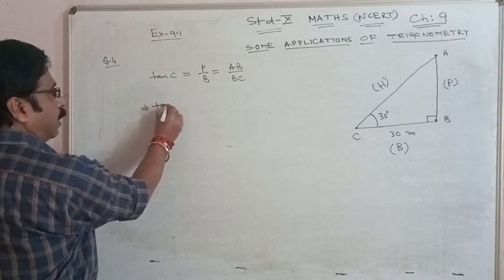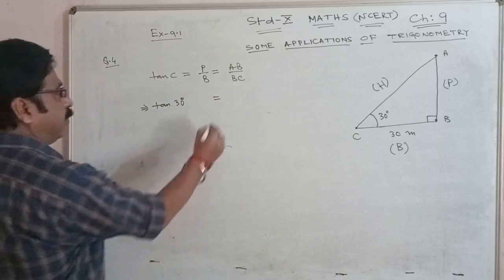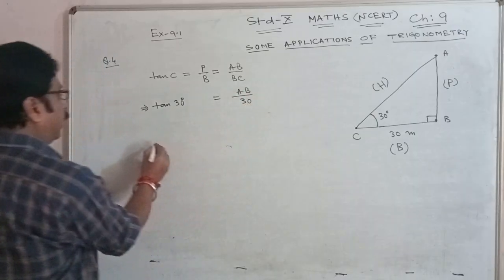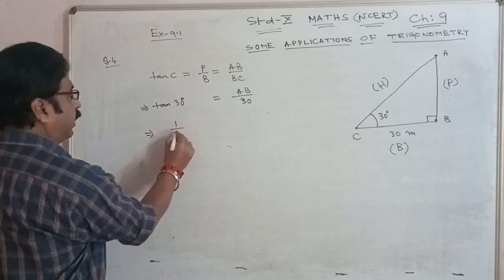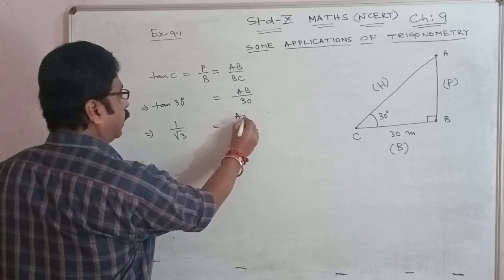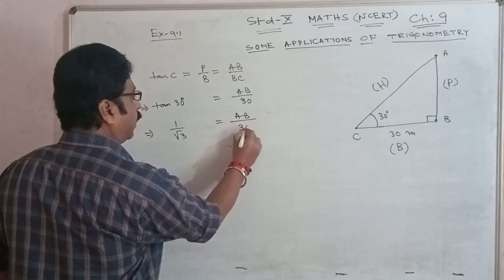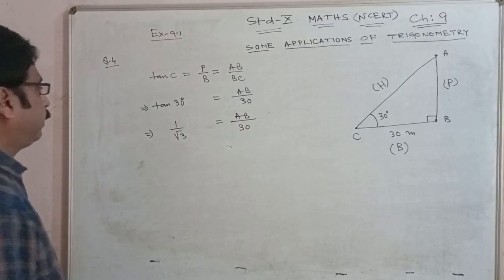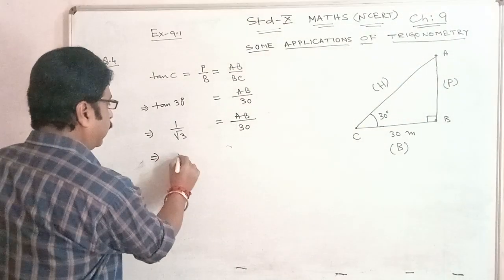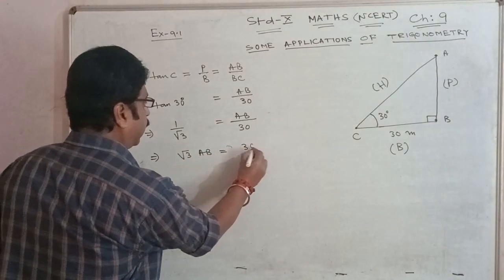We can write tan 30 degree equals to AB is unknown, BC is 30, then tan 30 means 1 upon root 3 equals to AB upon 30. Cross multiplication, root 3 into AB. It will be 30.